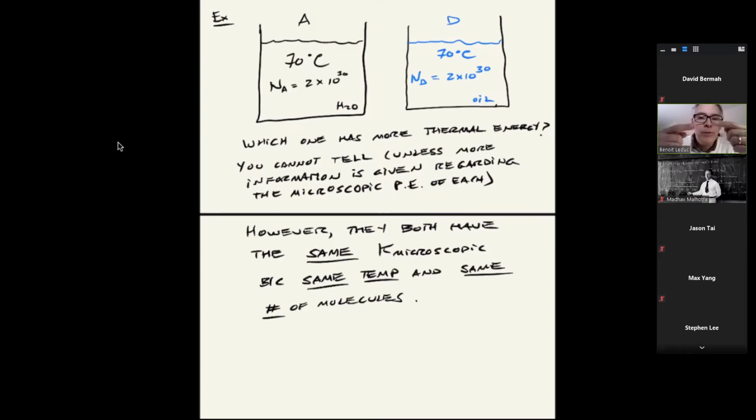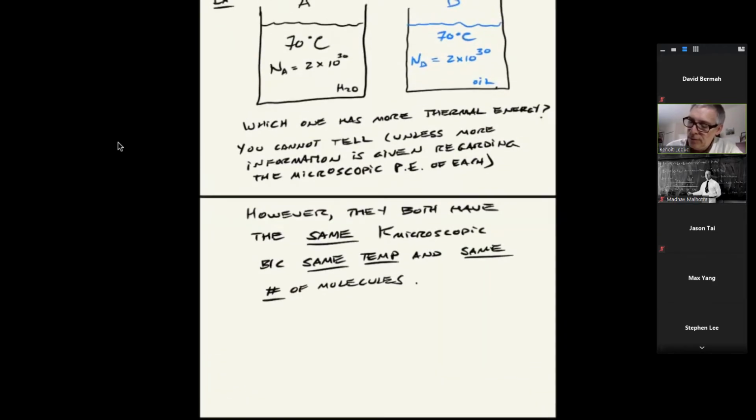But it also depends on the nature of the chemical forces between molecules. And then thermal energy is also microscopic kinetic energy, which depends on the temperature and also on the number of particles. All right.